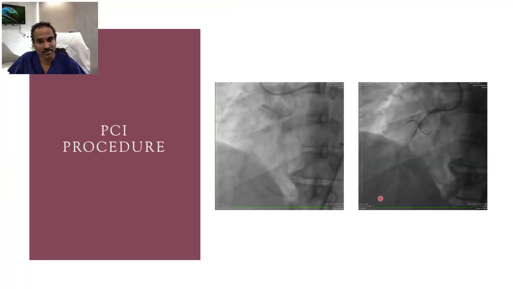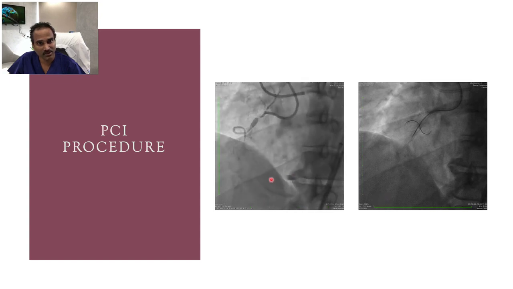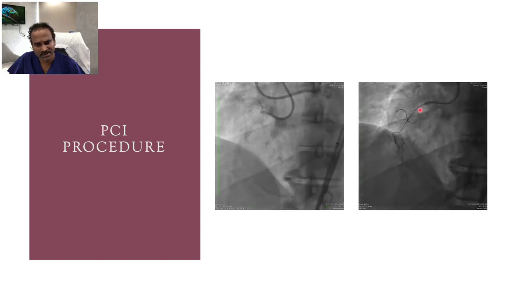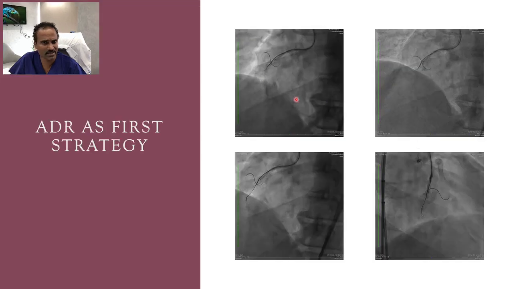And during PCI, this is a dual injection which we gave, which clearly delineates the anatomy. You can see I placed a microcatheter, that's Corsair, antegradely into the total occlusion segment, and there is another wire in the side branch.